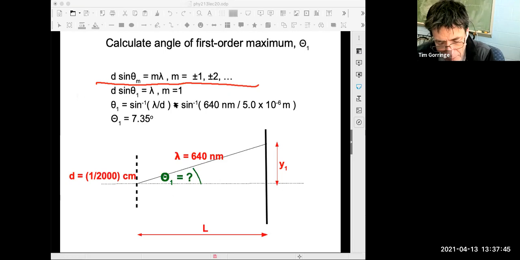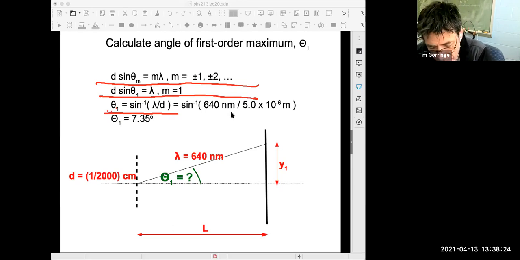I can fill in that we're thinking about the first order maximum, so that's m equals 1. And then I can rearrange for the angle to that maximum. By dividing through by d and taking the inverse sine of both sides, I get that the angle to the first order maximum is the arcsine of the ratio of the wavelength to the slit separation.